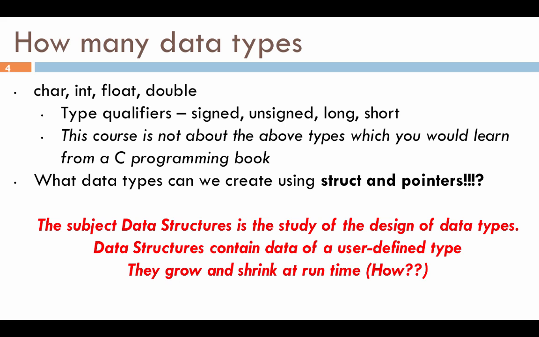Now, using the freedom to create new data types, we will write programs which create and maintain data structures. In other words, we will write programs where the data of a particular type that we are maintaining can grow and shrink at runtime. Right? And we are going to see how to achieve this. Therefore, if a data structure has to grow and shrink at runtime, somehow we should be able to get memory from somewhere whenever the execution needs it.